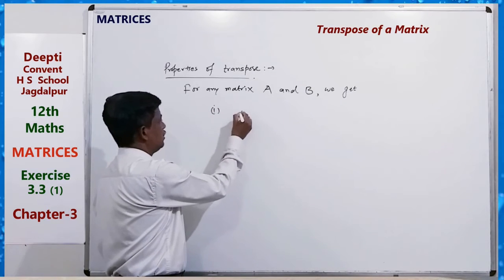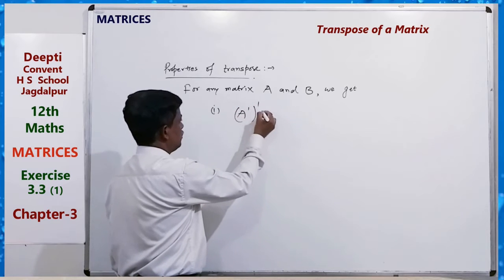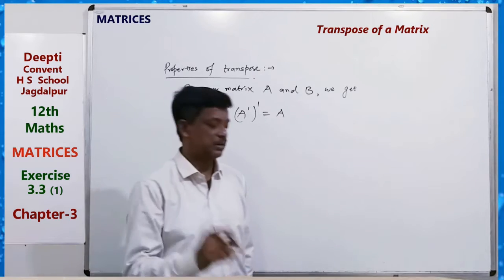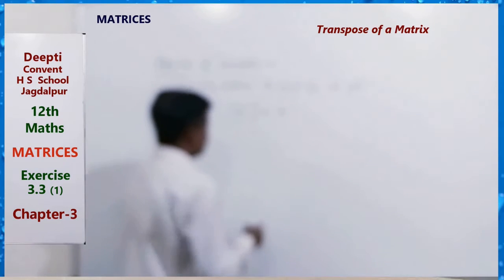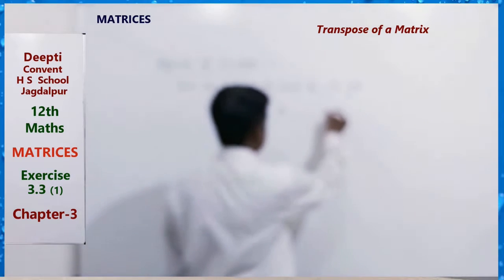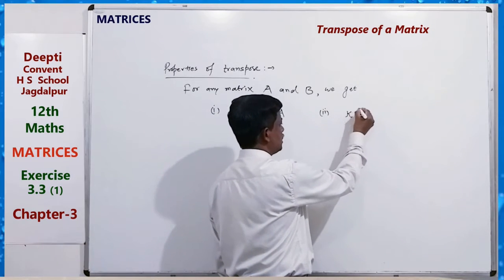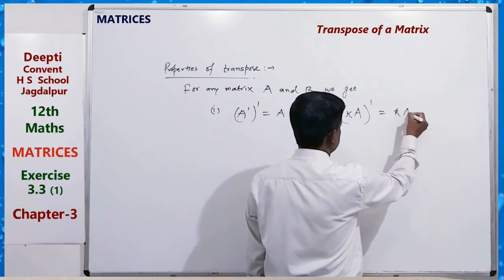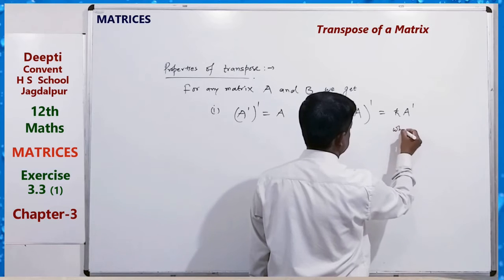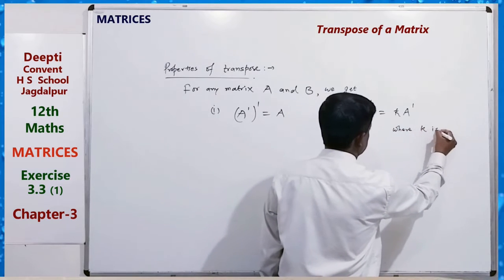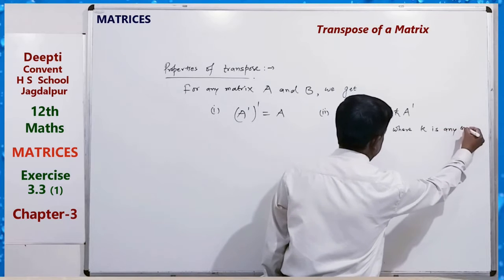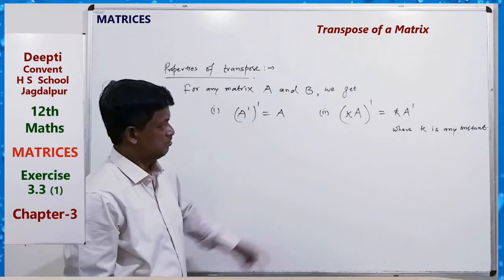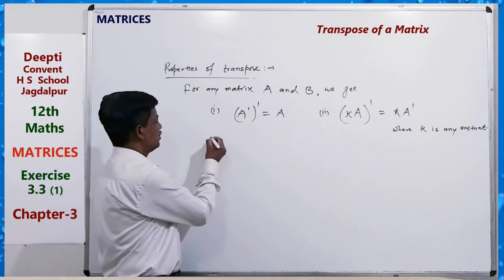First, A dash of dash equals A. Transpose of the transpose of a matrix is the matrix itself. Secondly, suppose K is a constant multiplied by A, then its transpose is equal to K times A transpose, where K is any constant. Very simple.